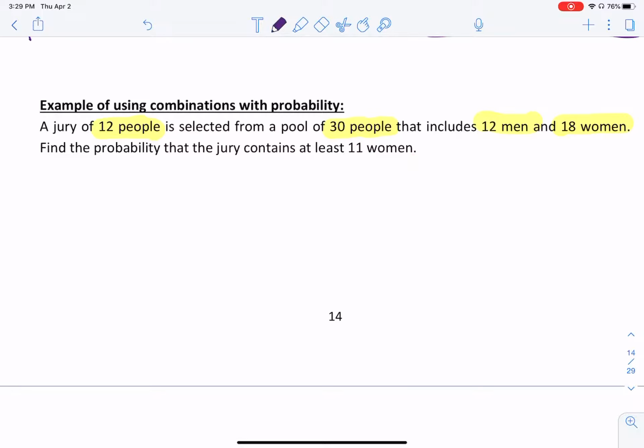So let's think about at least 11 women. Let's figure out what that means. So the jury has 12 people. So we could either have 11 women and 1 man, or we could have just 12 women and no men.